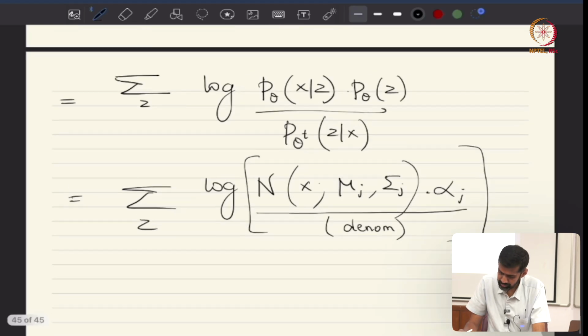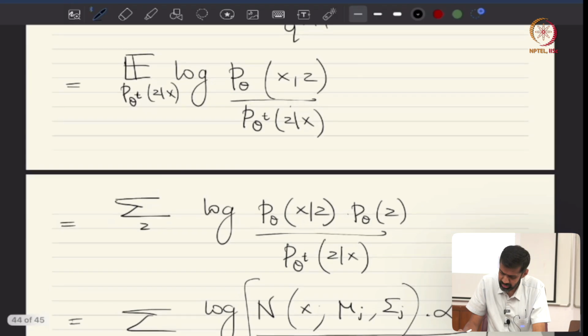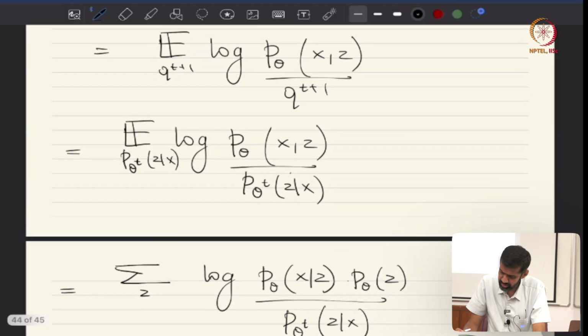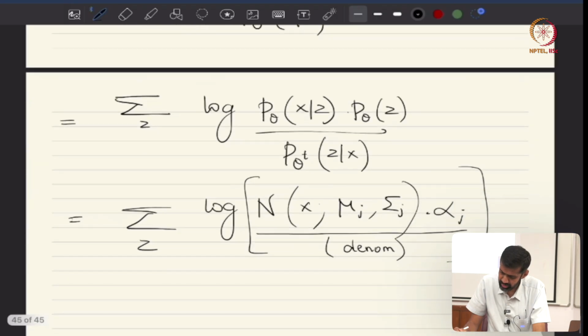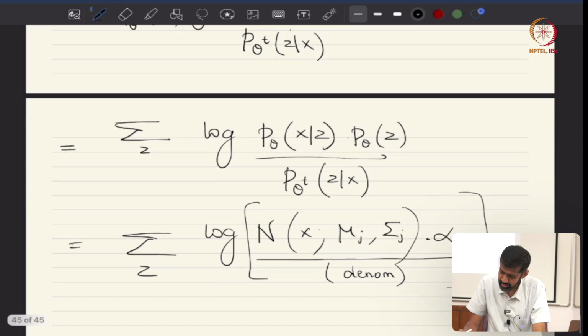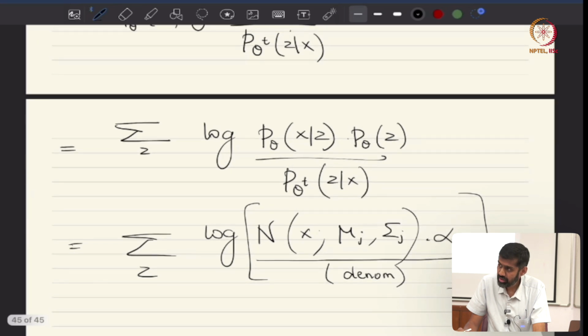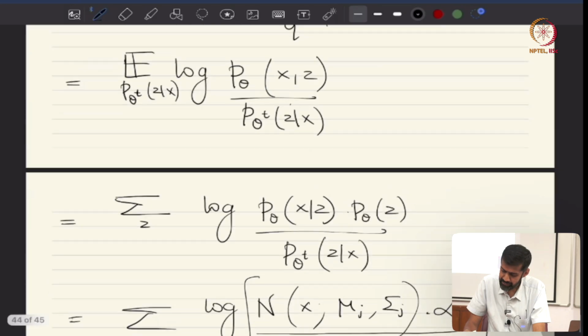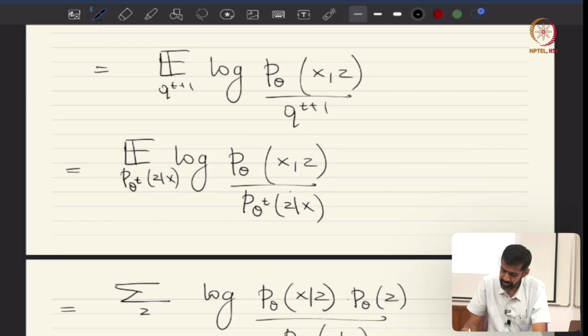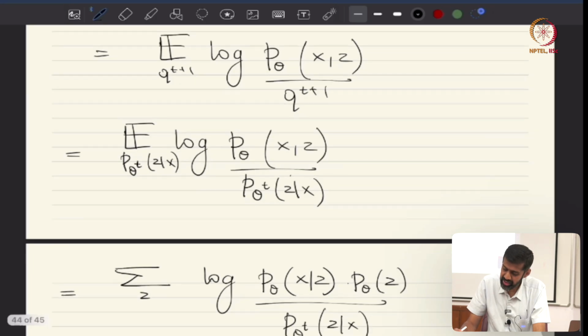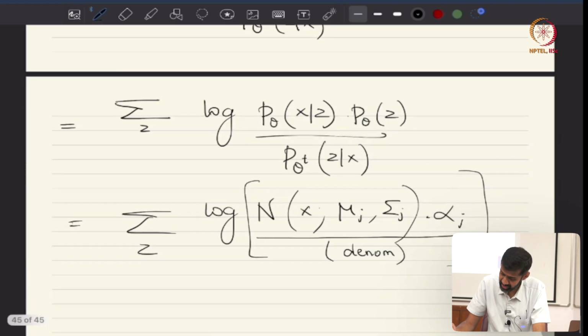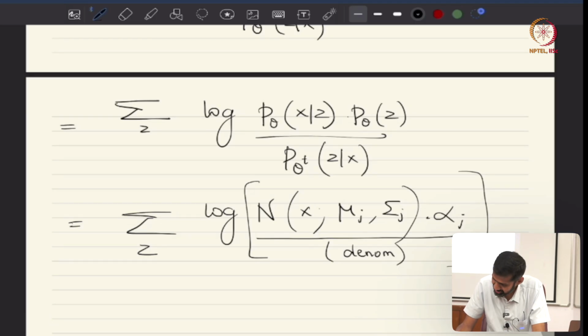That alpha j would be outside actually. It's not inside the log, right? Because we are taking expectation, there would be a probability term outside. Inside the log of p theta t z given x, that will be something. There will be an alpha term outside. Yeah, I was going to write it. So what term is this?